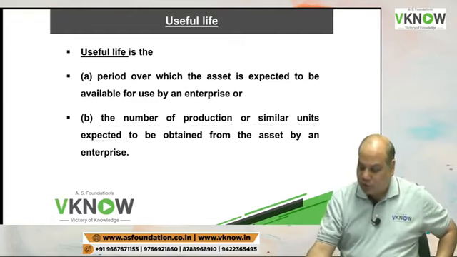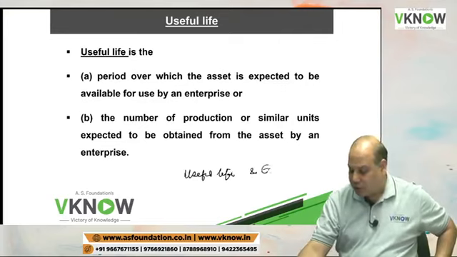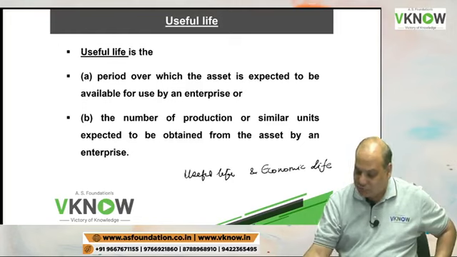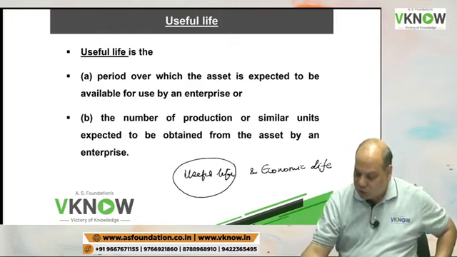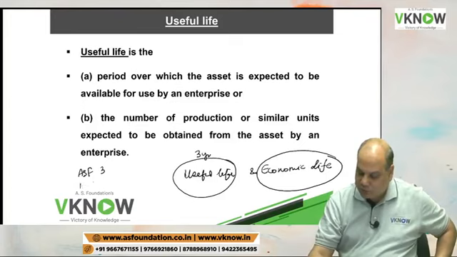Now one student is asking what is the difference between useful life and economic life. Although I had explained it to you, due to lack of attention you missed it. I am going to use the laptop for 3 years. Moonrise Limited will also use it for 3 years. ASF 3 years, Moonrise 3 years.